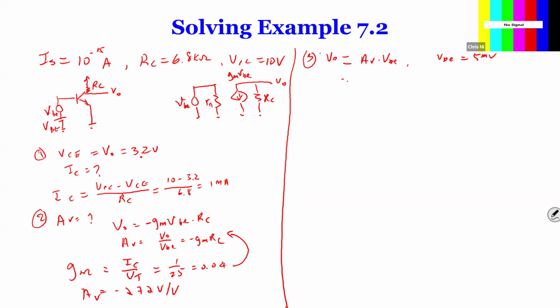So from here you get 272 times 5 millivolts. Times 5, that's going to be 1.4 some volts. So it's going to be like minus 1.36 volts. Okay, so that's number 3, and let's see what number 4 is asking.